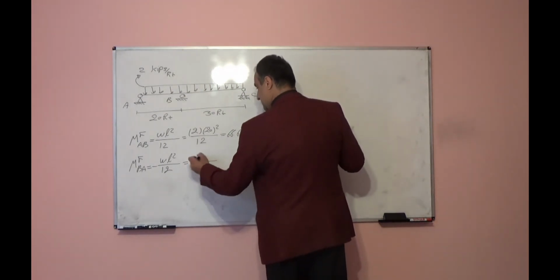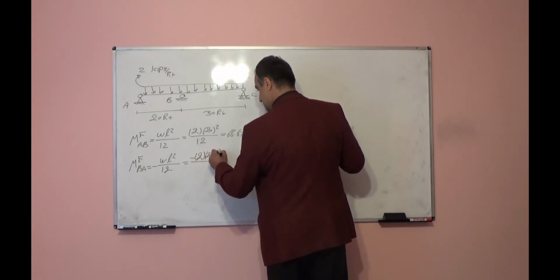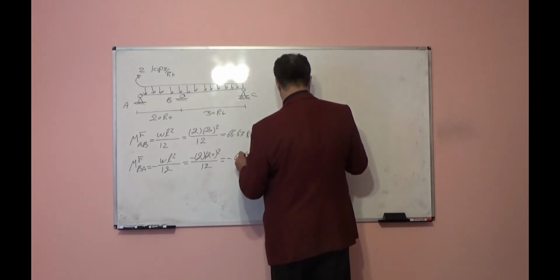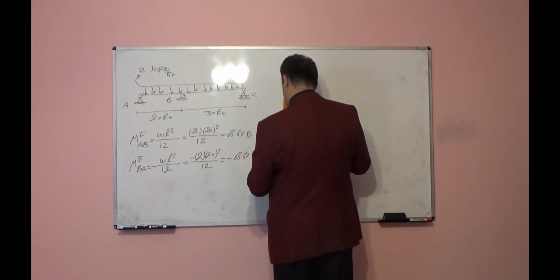That will be again equal to negative 2 times 20 squared over 12, that will be negative 66.67 feet kips.